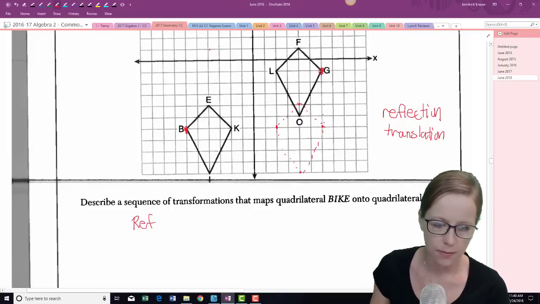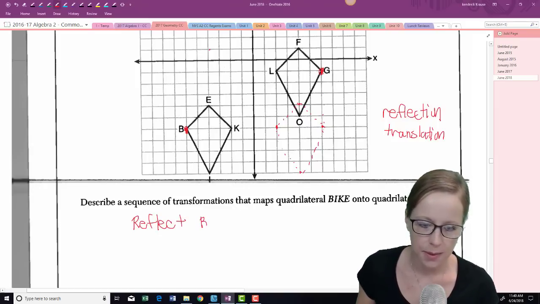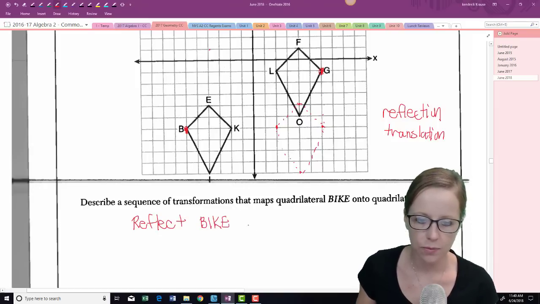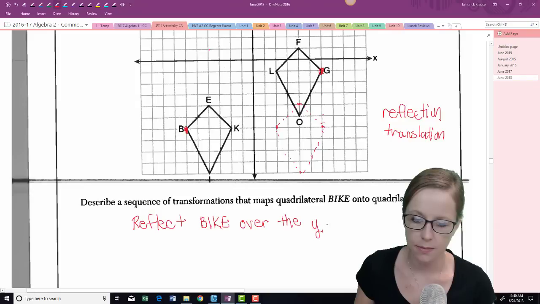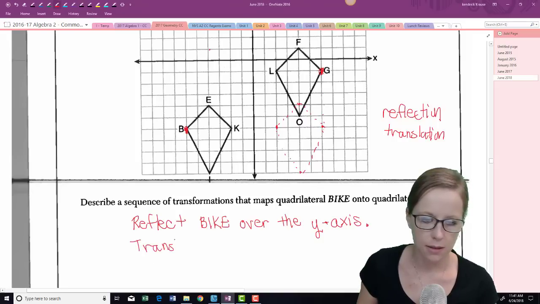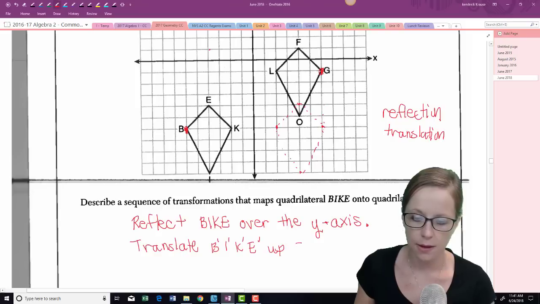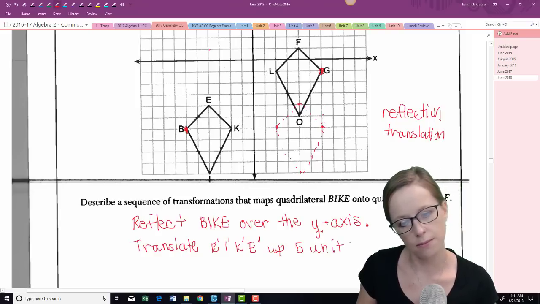Reflect BIKE over the y-axis, translate B'I'K'E' up 5 units.